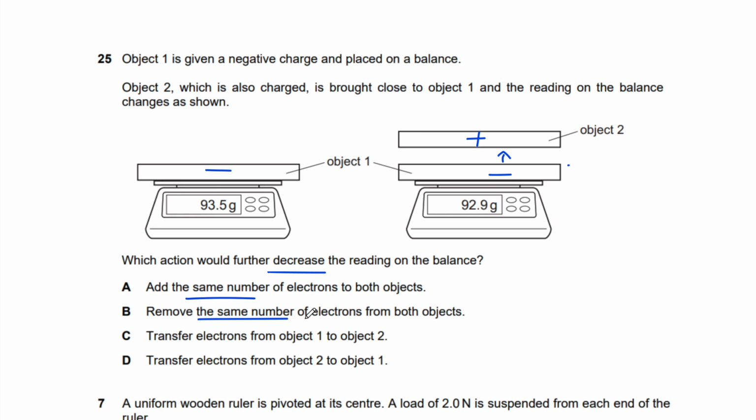Transfer electrons from object 1 to object 2: if we do that, object 1 would become less negative, and we wouldn't want that. So for D, transfer electrons from object 2 to object 1. This will decrease the electrons on object 2, which will make it more positive, and object 1 will become more negative. So the answer will be D.